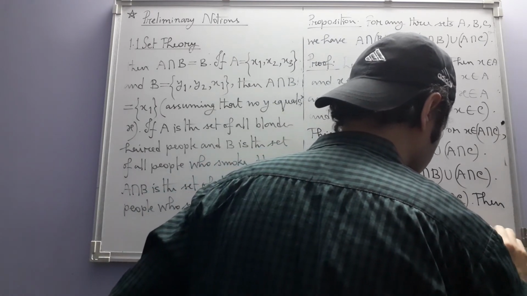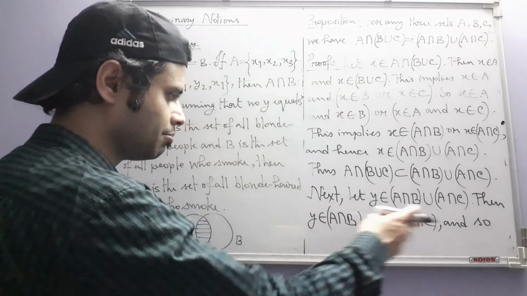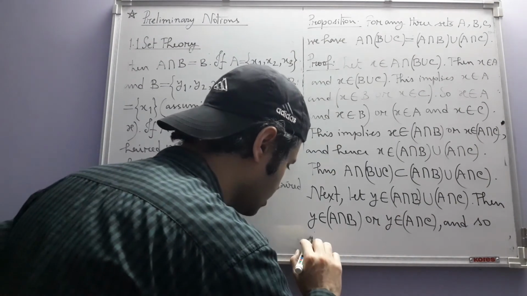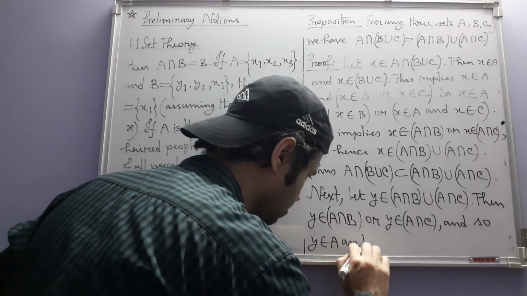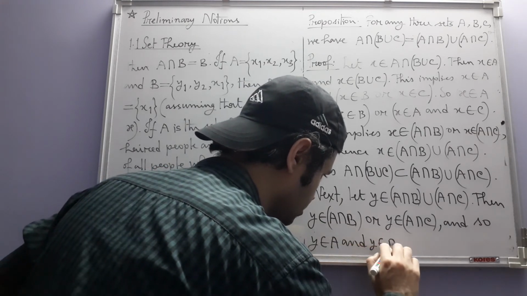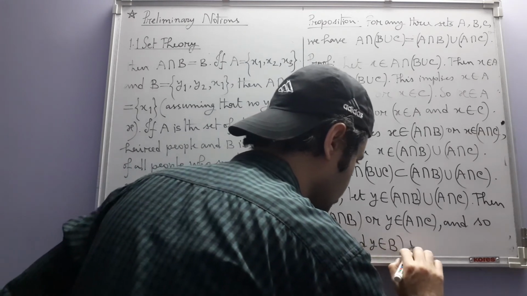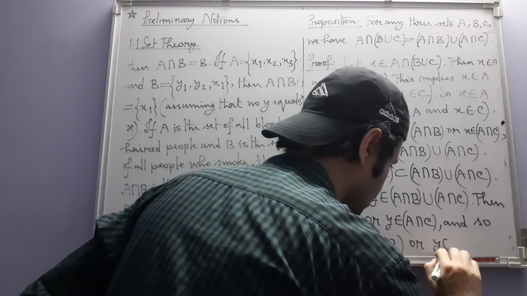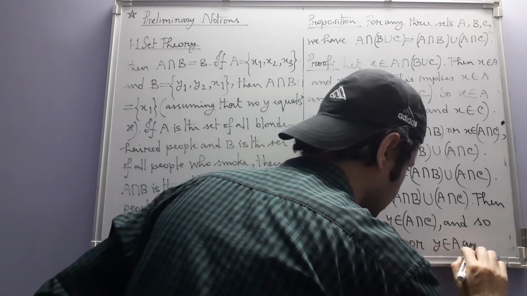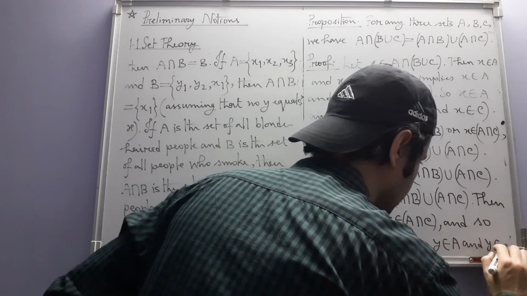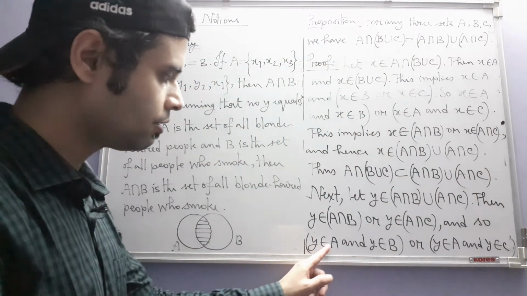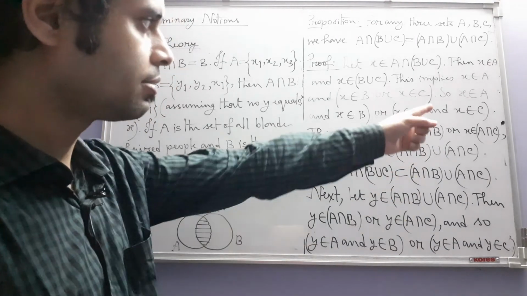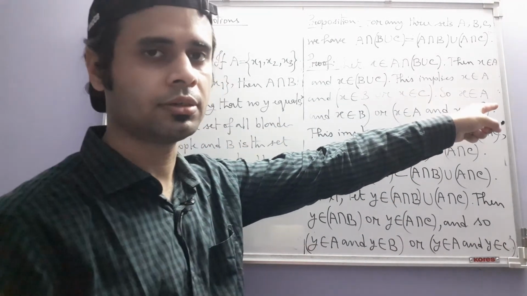And so now we can break it down further, writing y belongs to A and y belongs to B, or y belongs to A and y belongs to C. So regardless of the situation, y always belongs to A, just like how we had x belonging to A here.